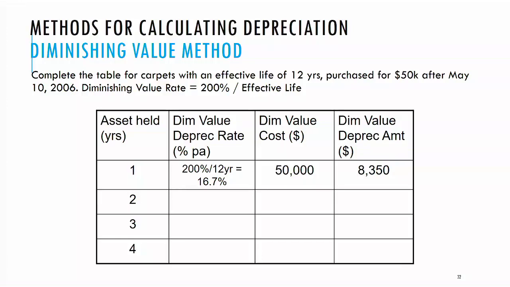So what's the rate of 1 divided by 12? 0.083, 8.3%.